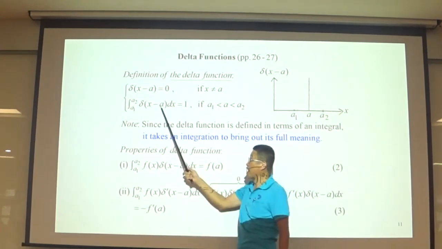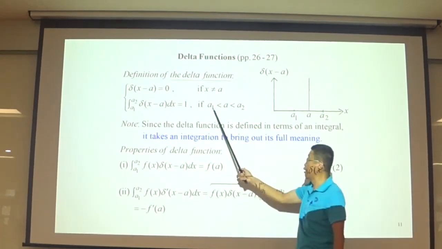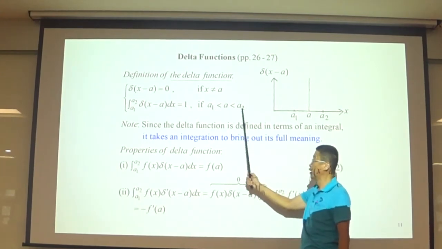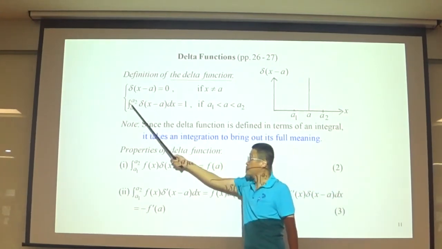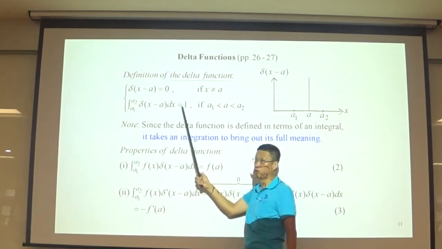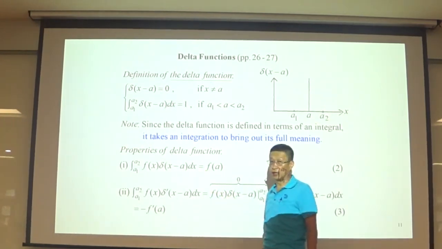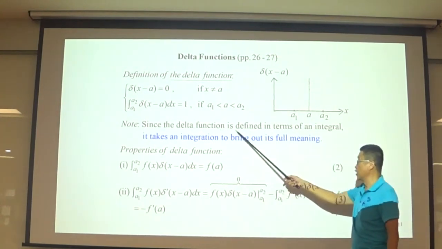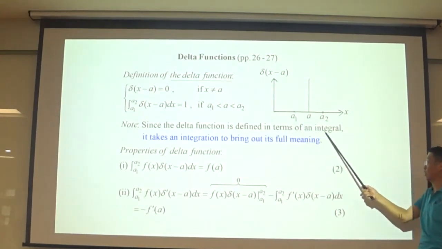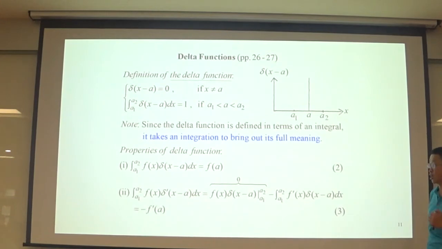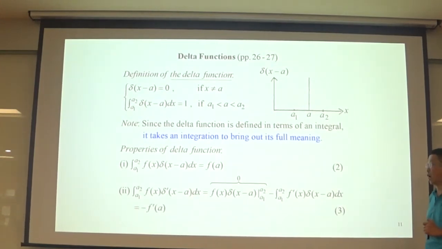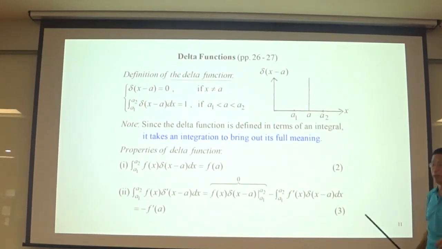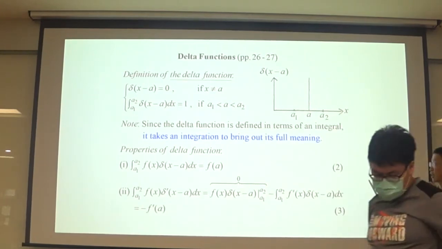And if a is somewhere between a1 and a2, then integration gives us 1. That's the Dirac Delta function. Since the delta function is defined in terms of an integration, it takes an integration to bring out its full meaning. We have to perform the integration, and then we can extract the physics meaning.